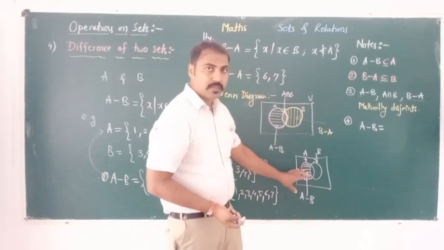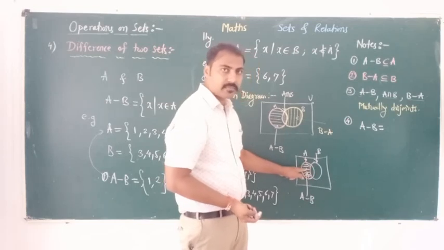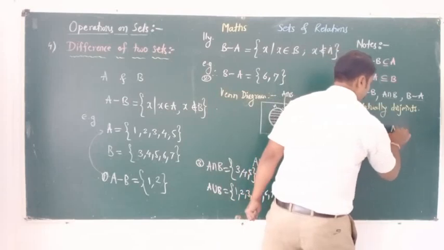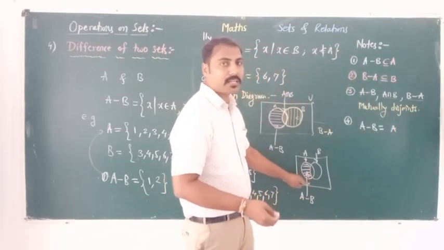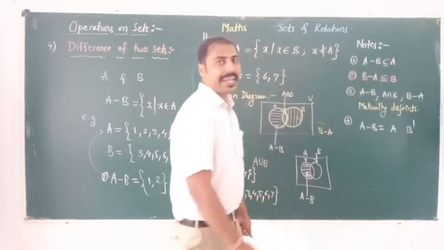It is clearly elements of A. A minus B is elements of A which are not in B. So for not in B, I denote dash.